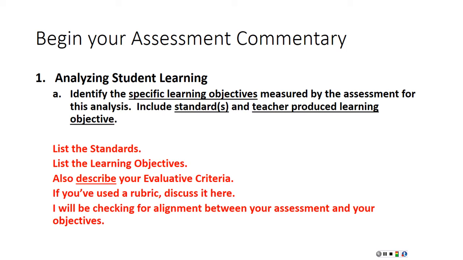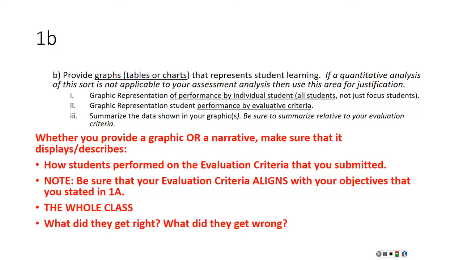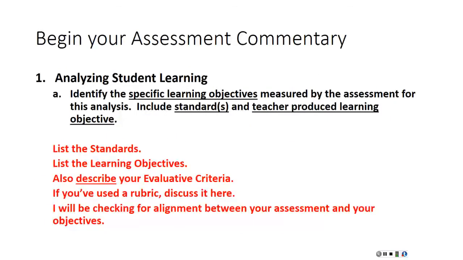After you've listed your standards and your learning objectives, I would suggest writing something like, objective one aligns with the first standard by, or the first standard is supported by objective one by, something like that, okay?